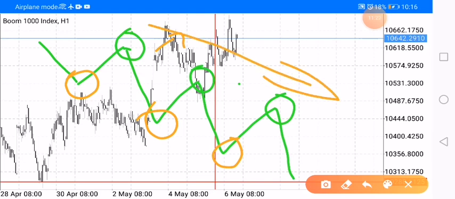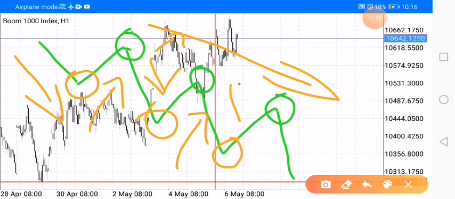Okay, and as price is moving downwards, it will form lower lows and lower highs. Okay, so it will form a lower low, a lower high, a lower low, a lower high, a lower low, a lower high, a lower low.